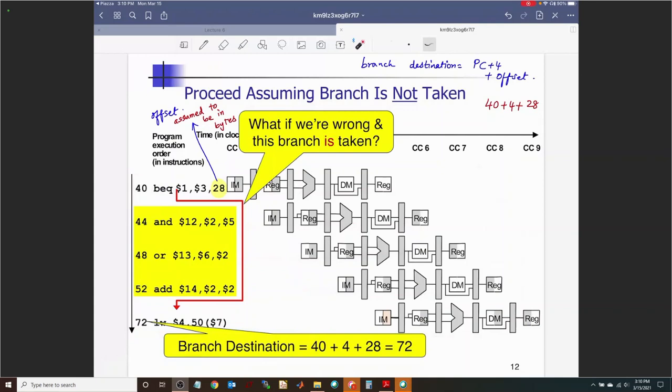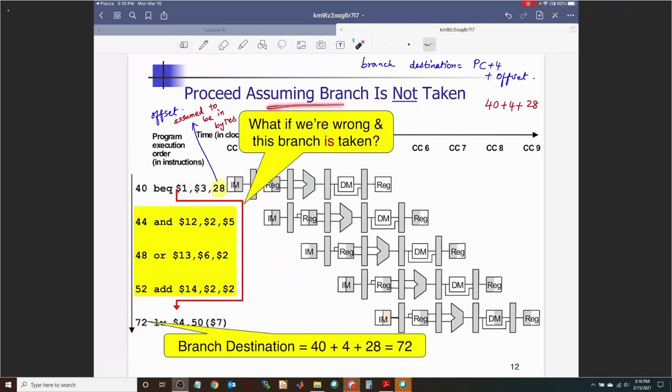So you would have to multiply it by 4. Right now, I'm just assuming that the offset is already in bytes, which is not consistent with the syntax of that instruction, but that just helps us see the branch destination here. So you take the 40 plus 4 plus 28, you get your 72. So if the condition, if $1 was equal to $3, then you would have worked on 72.